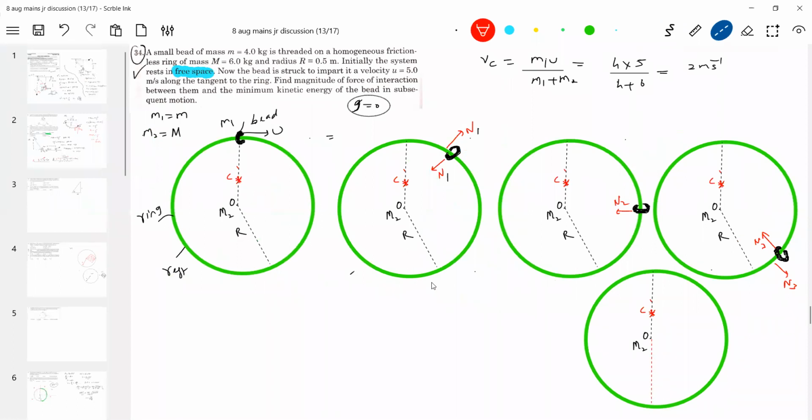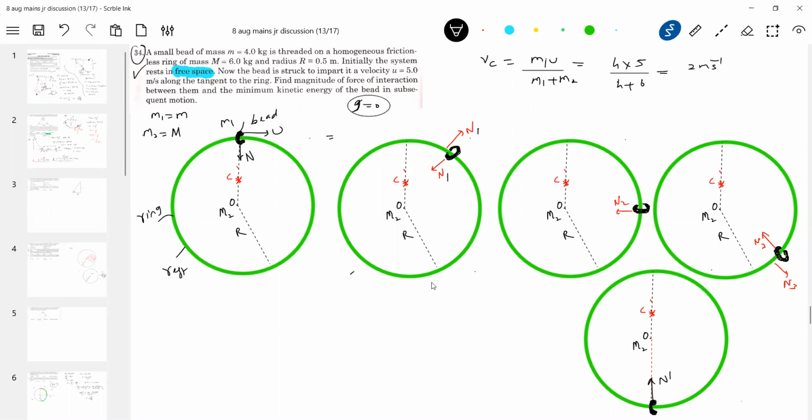The bead will be, the normal contact force will be acting in this direction here. So take this N dash. As it is given, how will the normal contact be, the normal contact on the bead in what direction should act in this position? On the bead, it should be in this direction. On the ring, it will be vertically up. So here it will be like this.